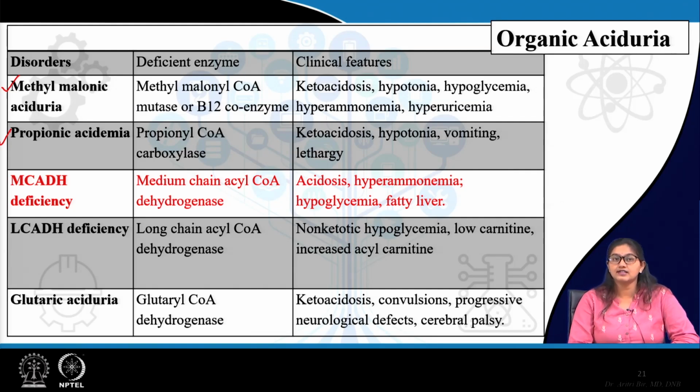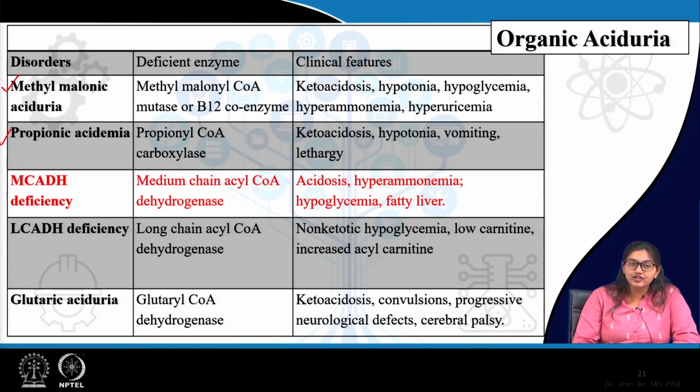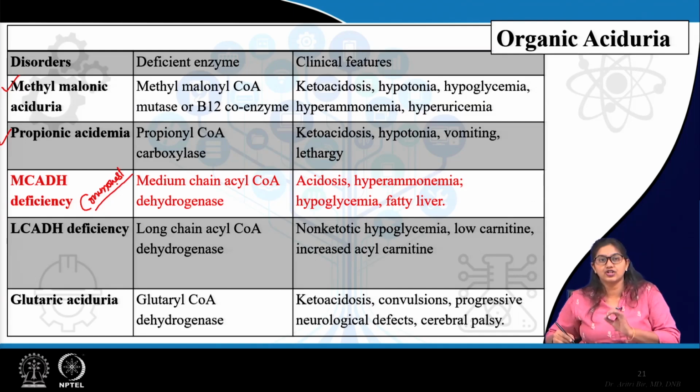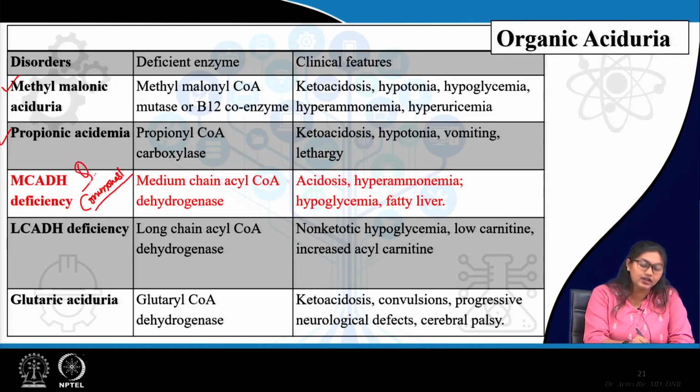Similarly, medium chain acyl coenzyme A dehydrogenase deficiency, MCAD deficiency, or LCAD deficiency, that is long chain acyl coenzyme A dehydrogenase deficiency. Now, remember the commonest one is MCAD deficiency. This is the commonest beta oxidation defect. So, this is one very important MCQ.